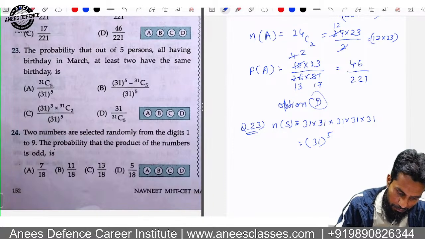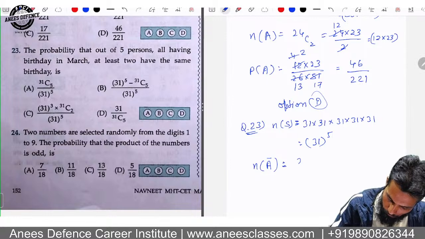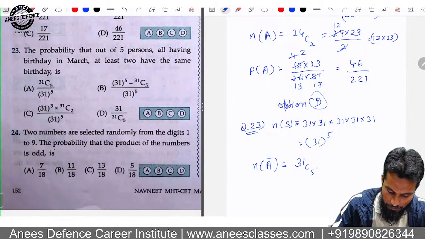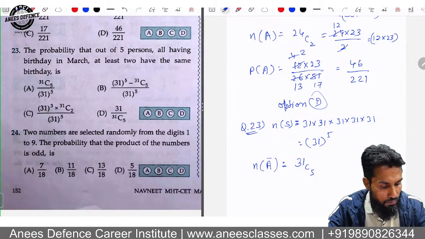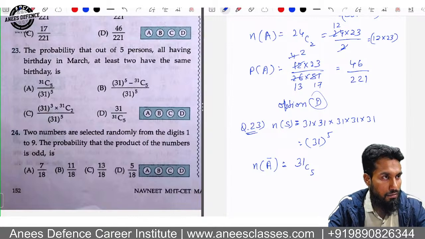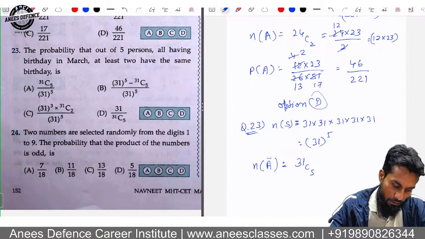So 31C5 can be taken or not? N of A bar. A bar means different birthdays. Out of those 31 days, you can take any 5 days among those 31 days in March.